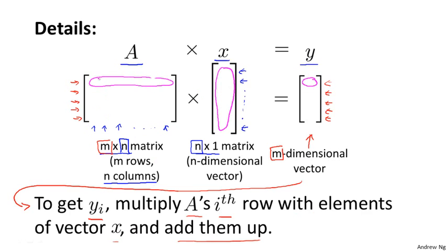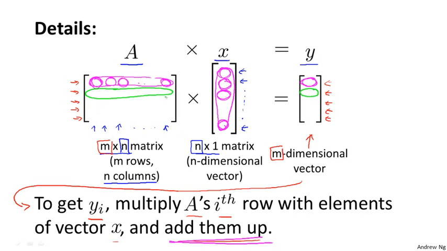We take this first number, multiply by this first number, then take the second number, multiply by this second number, take the third number, multiply by the third number, and so on until we get to the end. Then we add up the results of these products, and that gives us the first element of y. Then when we want to get the second element of y, we take the second row of A and repeat the whole thing.